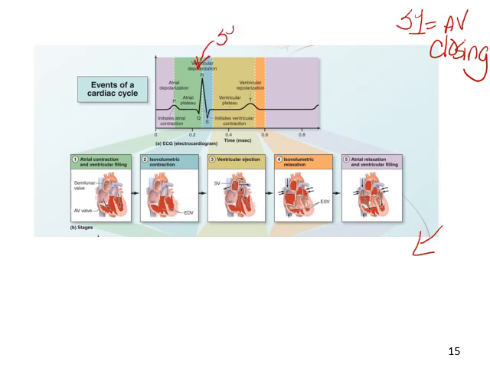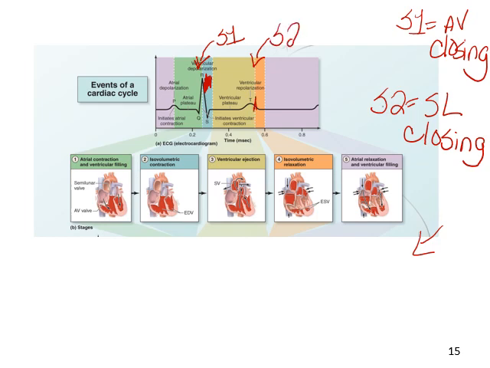So there we're going to hear S1, because remember this is our isovolumetric contraction phase. And then our S2 is our semilunars closing. Semilunar valves close at the end of ventricular systole. So once our ventricles relax, the end of ventricular systole happens right here, right at the end of the T wave, and we hear S2.